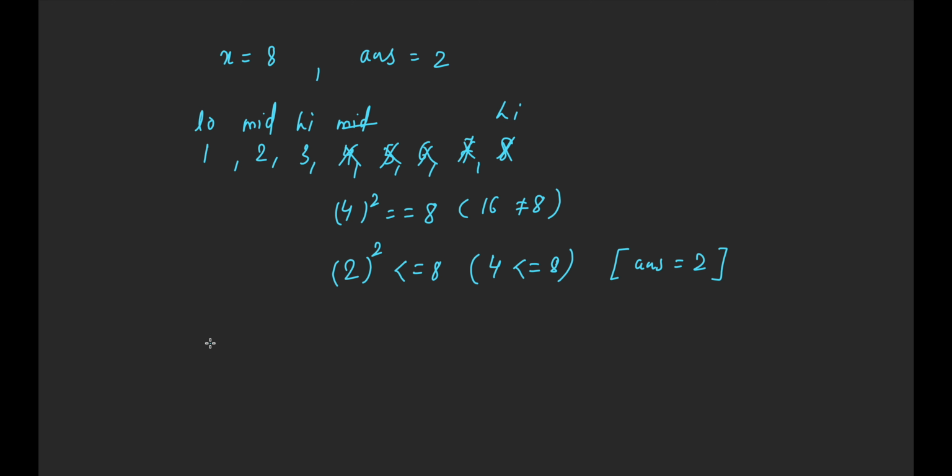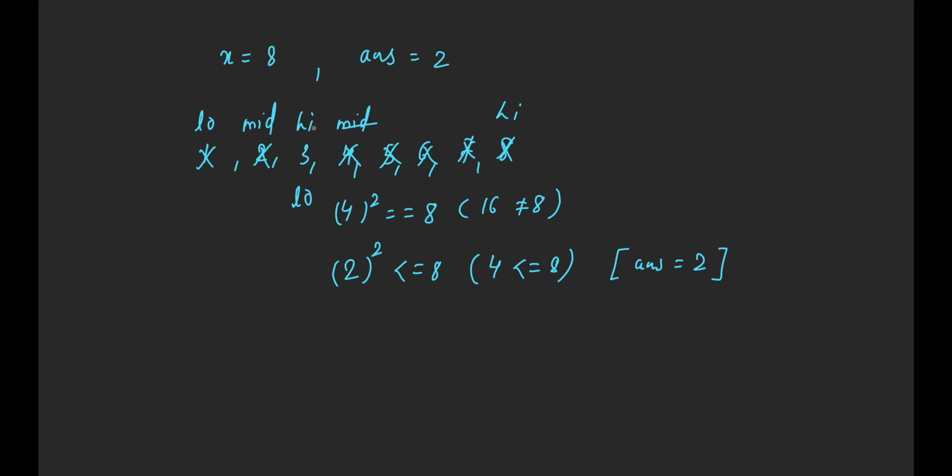Now the goal here is to find the number whose square is just smaller than or equal to 8. Suppose we took answer as 2 and we discarded 1 and 2, so low comes to this.